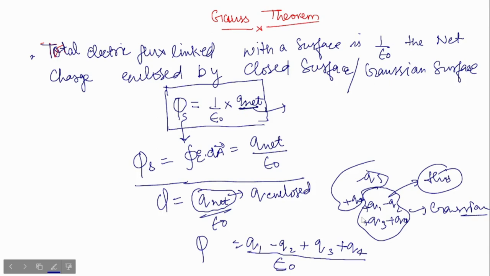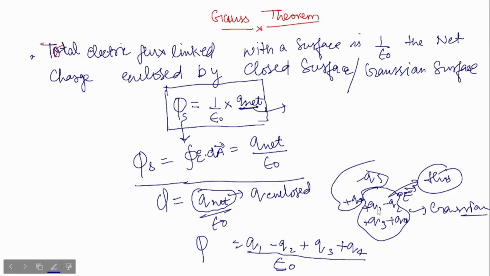And one more thing: the electric field intensity at the Gaussian surface is due to all charges present inside and outside the Gaussian surface. That means vector E, the electric field intensity, will be affected by both the charges inside and outside.